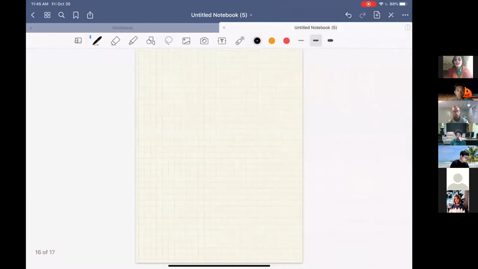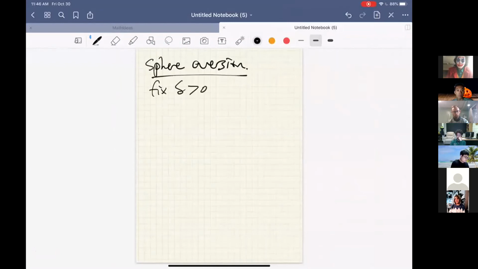We're going to use this to turn the sphere inside out. Let's use this theorem. So, sphere inversion. I'm going to fix delta, and I'm going to take V to be the thickened sphere.